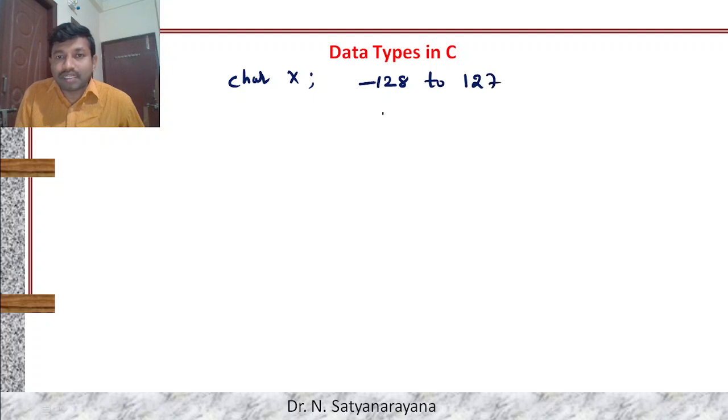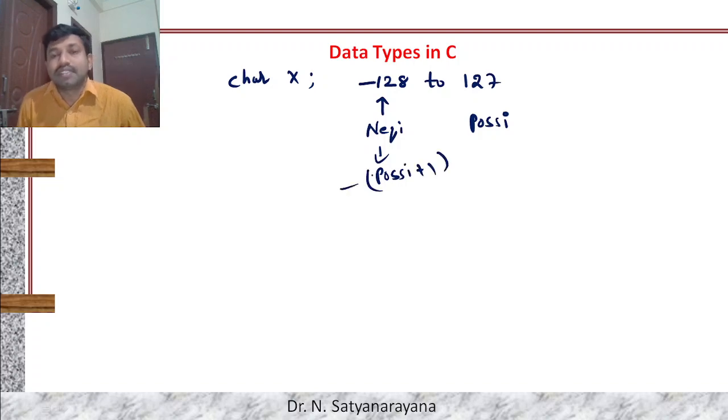So if you look, the negative range is always one higher than the positive. This negative can be written as the maximum positive plus 1, with a negative sign in front. That will be the ranges if you see in the textbooks.